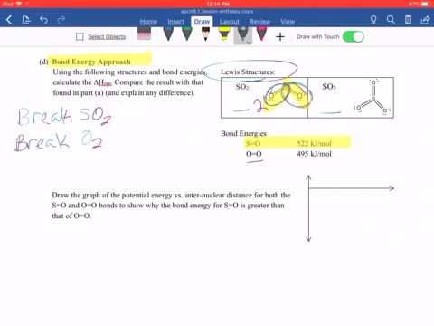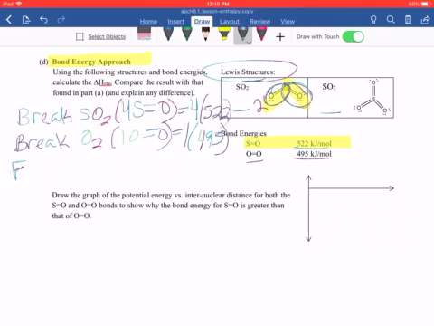So we need to break in total 4 SO bonds. And we only need to break 1 oxygen, so we only need to break 1 OO bond. Right, and so when we multiply this out, we have 4 times the 522, and we have 1 times the 495.